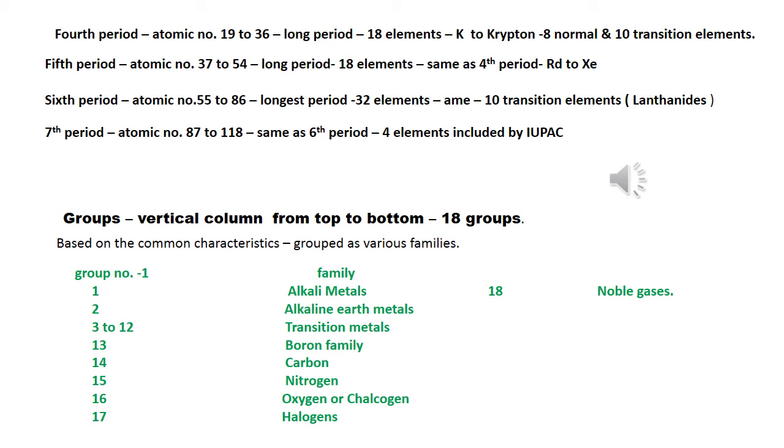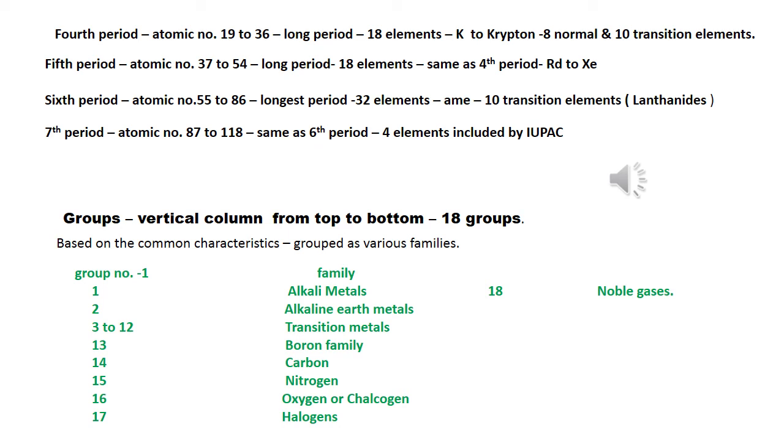What is the next part in the modern periodic table? Groups. Very good. A vertical column from top to bottom is called a group. How many groups are there? 18 groups. Based on common characteristics, they are grouped into various families.